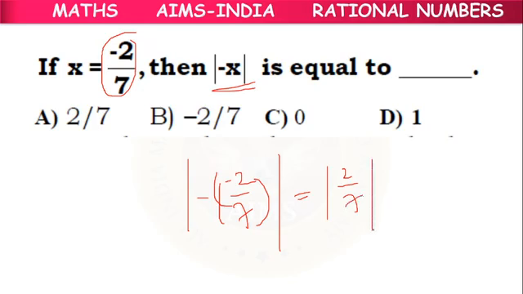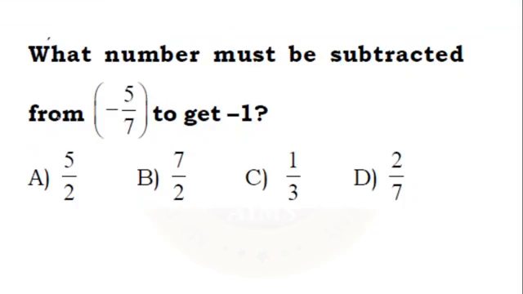The modulus value is always a non-negative number. Though we may have a plus or minus symbol inside the modulus, the result is always positive. So the correct answer is 2 by 7.